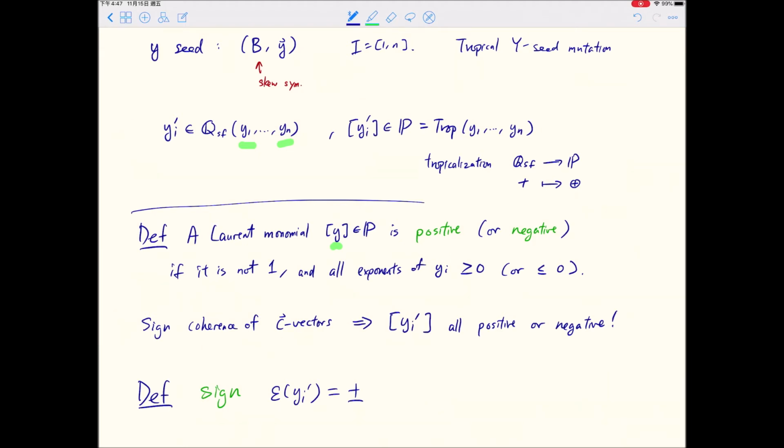Alright, so one can also write down the mutation of Y seed using this sign function. So if you look at the tropical Y seed mutation rule from chapter 4 and apply the tropicalization, then we see that the mutation of a variable in the direction of k will be given by the following expression. So it is inverse if i is k, and otherwise it is modified by a power of y_k.